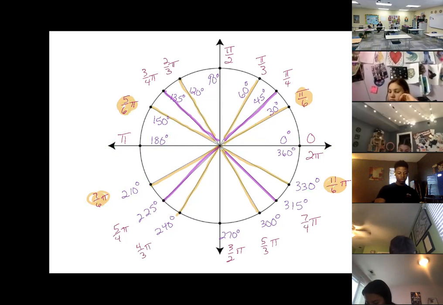And then this one, if I think about 2 pi as 12/6, I'm 1/6 pi short of that, so I'm 11/6 pi. So all the 6s are the ones that are closest to the x-axis.